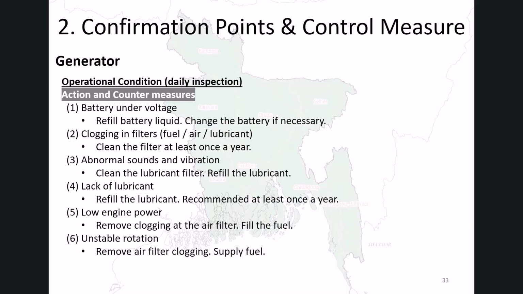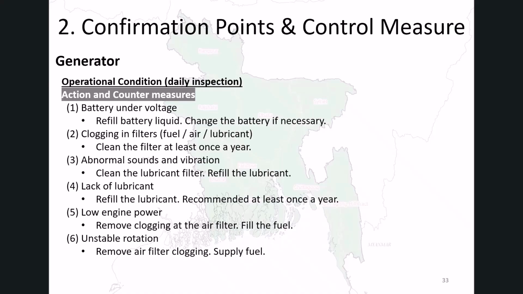Third, abnormal sounds and vibration. If unusual sounds or excessive vibration are detected, the lubricant filter should be cleaned and the lubricant should be refilled. Abnormal vibration may also indicate worn components or insufficient lubrication. Early corrective action helps prevent serious mechanical damage.